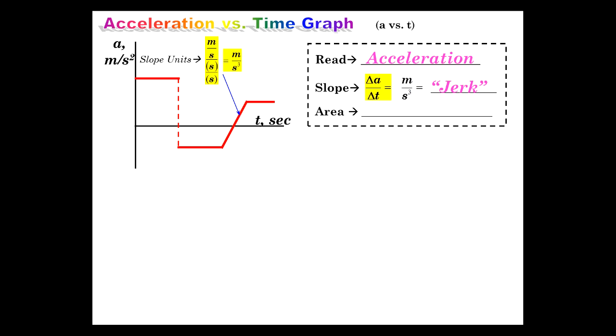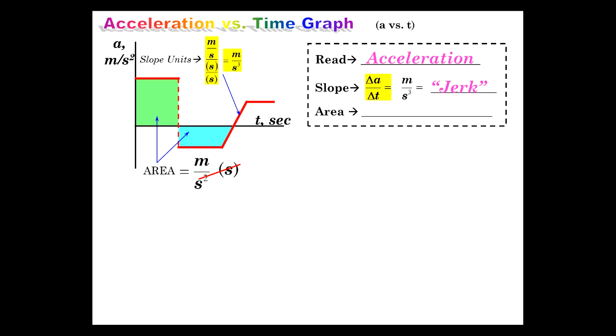Well, what is the area? Let's consider the area. Consider a couple sections here. We're always thinking about between the plot and the zero axis. So here's a couple cases in point. Consider the units. The vertical, meters over seconds squared, times the horizontal, seconds.